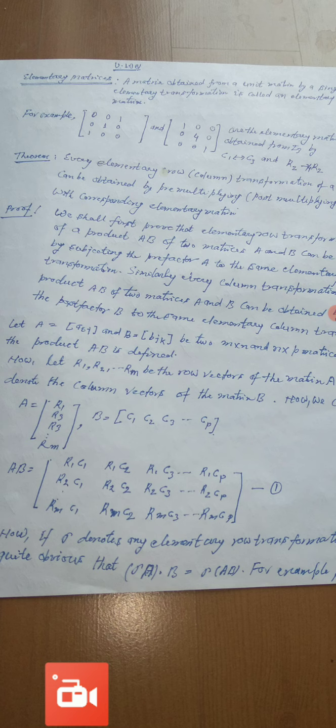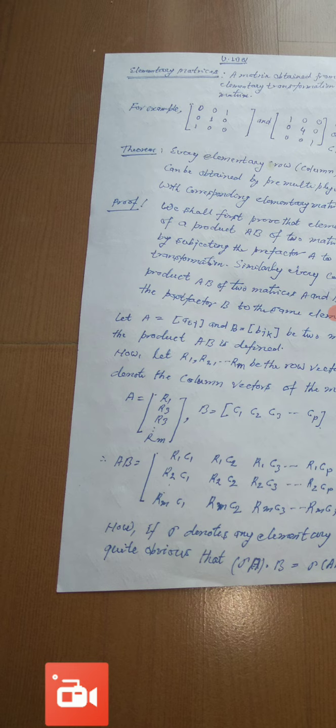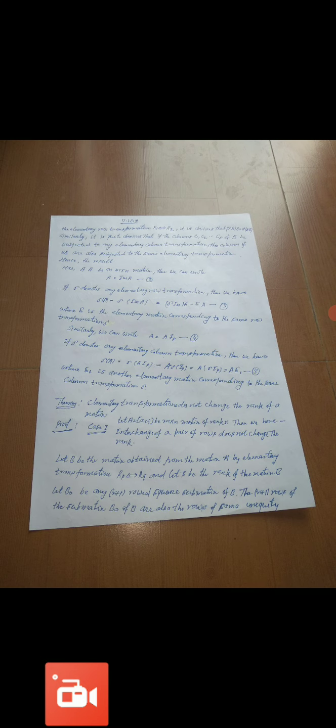For example, if sigma denotes the elementary row transformation interchange of R1 and R2, then it is obvious that sigma(A) B equals sigma(AB).